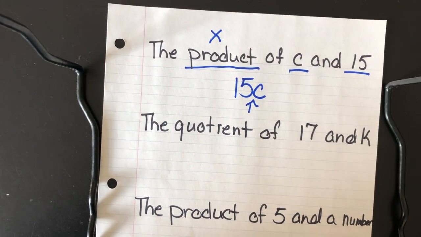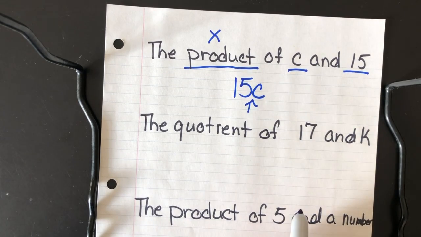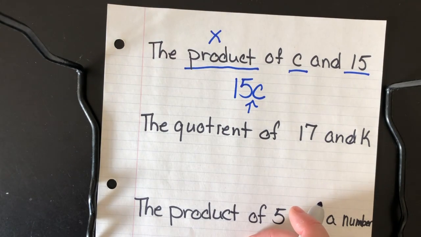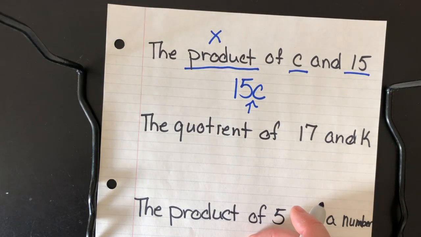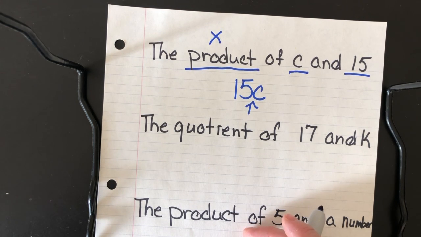Quotient of 17 and K. When we're dealing with quotient of 17 and K, we think about what quotient means. That means to divide the first number by the second number.